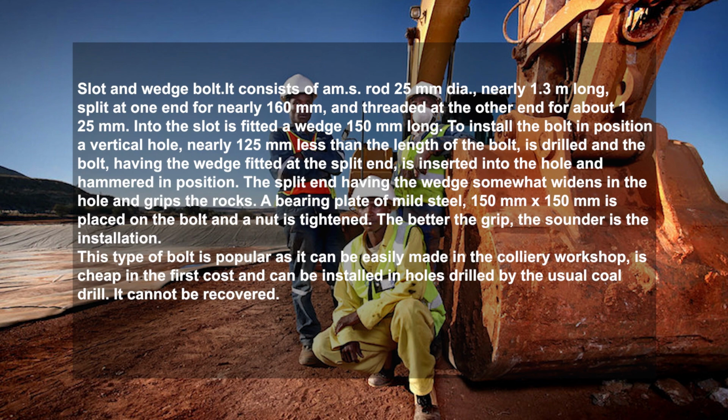To install the bolt in position, a vertical hole nearly 125 mm less than the length of the bolt is drilled, and the bolt having the wedge fitted at the split end is inserted into the hole and hammered in position. The split end having the wedge somewhat widens in the hole and grips the rock.